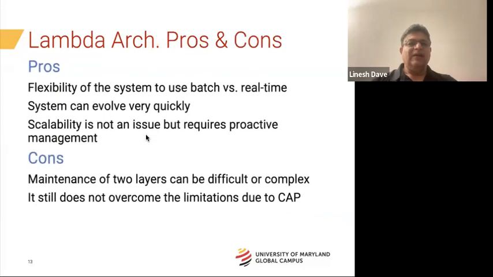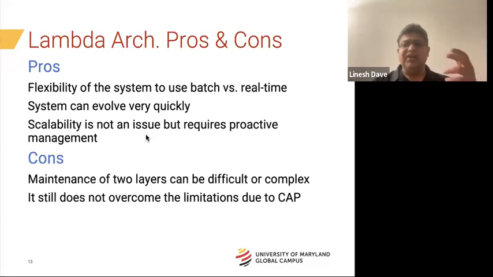Okay, so what are the pros and cons, right? Like any architecture, there are always going to be some advantages and some disadvantages. In this case, yes, there's flexibility of the system to use batch versus real time, right?